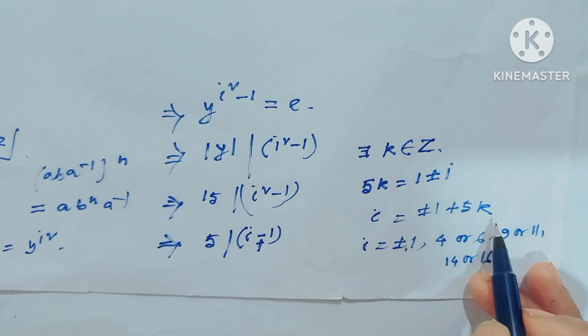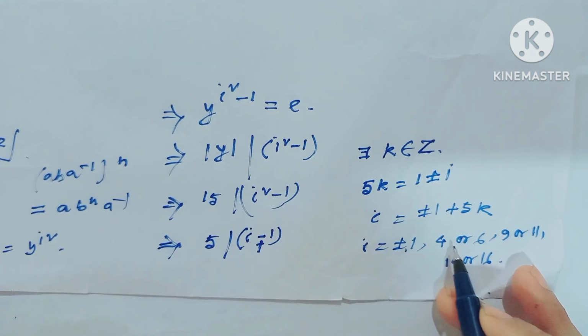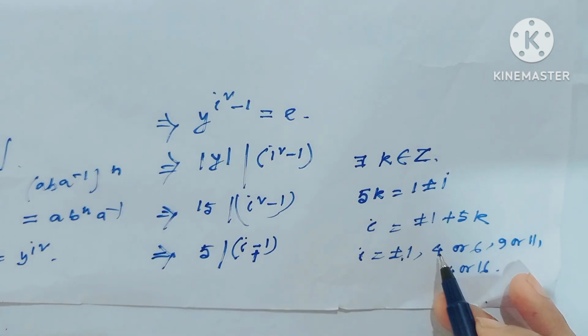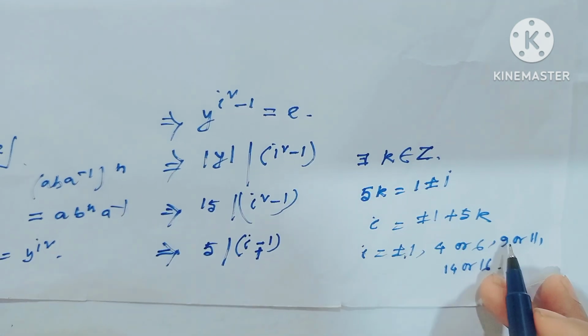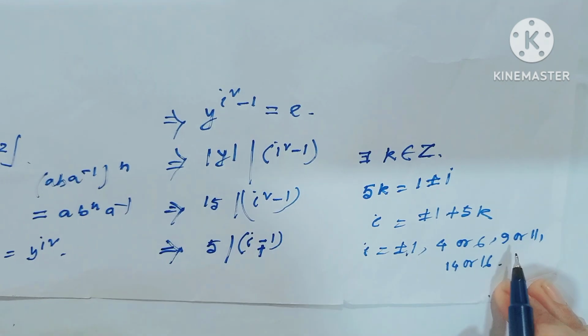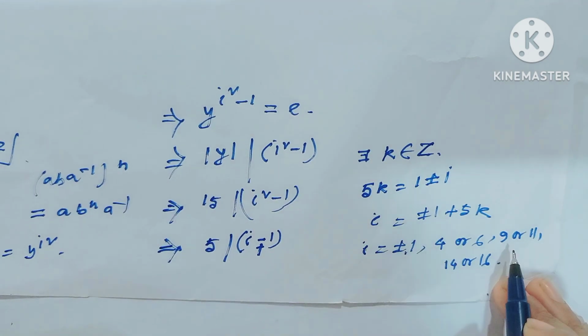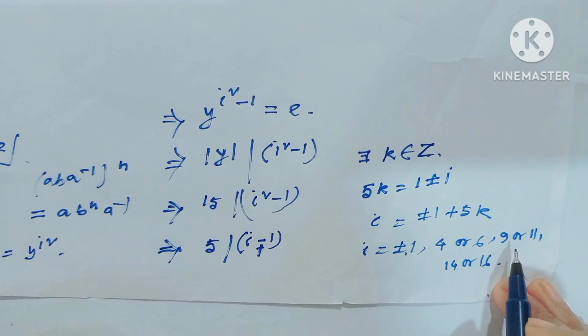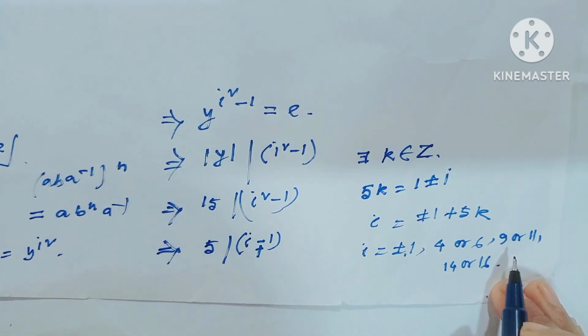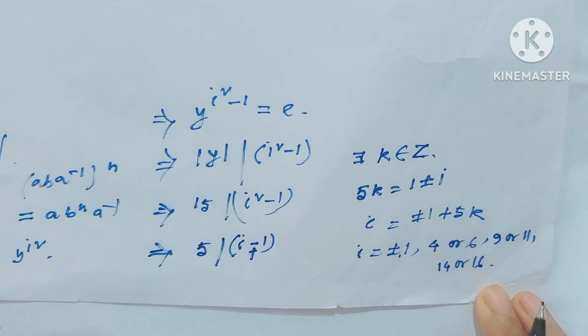When k equals 1, this value would be 6. When k equals minus 1, this value would be 4. When k equals 2, this value would be 11, and when k equals minus 2, this value would be 9. When k equals 3, this value would be 16, and when k equals minus 3, this value would be 14.